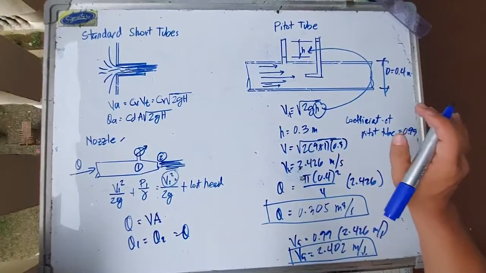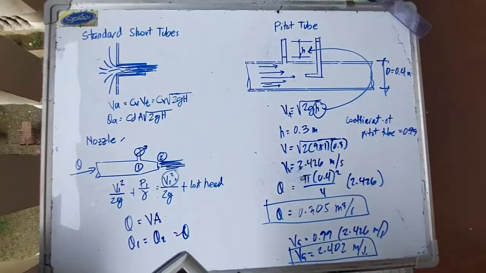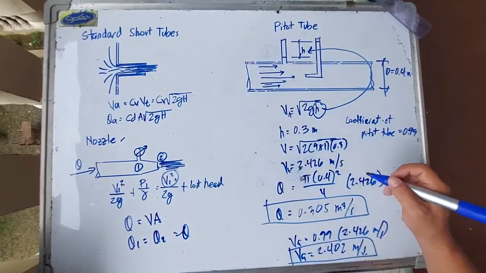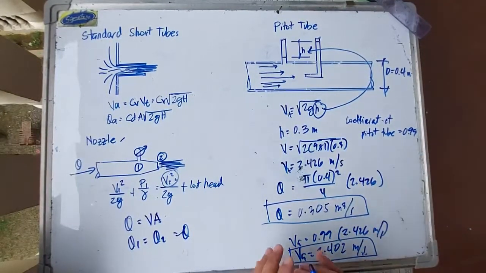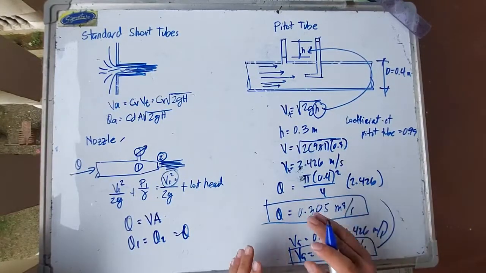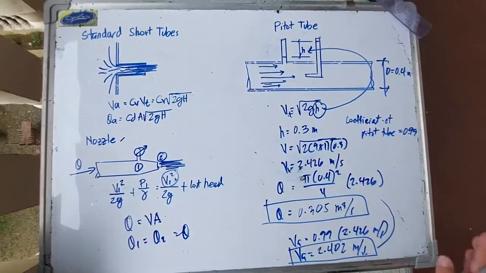Kung hindi siya given, ibig sabihin we neglect it. Although most of the time we neglect the coefficient of the Pitot tube kasi the difference will be quite small. Okay, pero pag given, ito yung gagamitin natin na velocity to compute for the actual discharge. Ayan. So yan yung Pitot tube. We will have more examples of this particular problem, okay, later on.